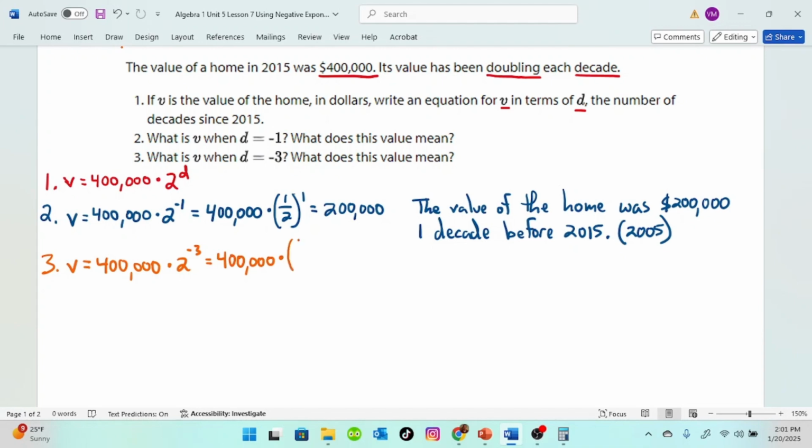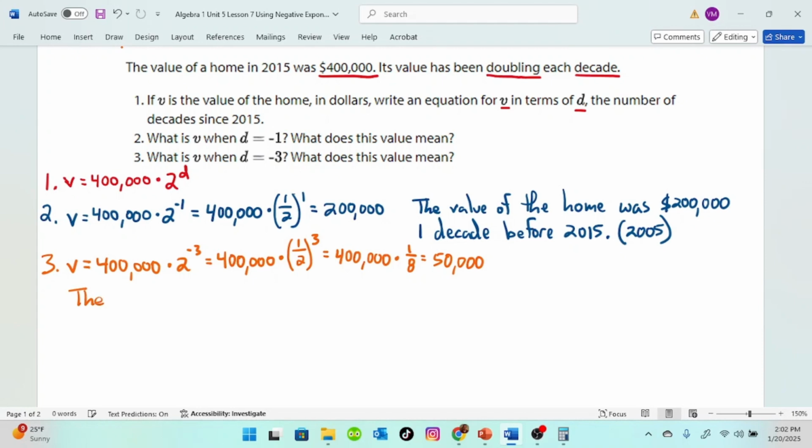So instead of multiplying by 2, we're multiplying by 1/2, and we're doing that 3 times. Well, I know, without even using a calculator, that 1/2 times 1/2 is 1/4, times 1/2 is 1/8. So we have 400,000 times 1/8, and that is going to equal 50,000.